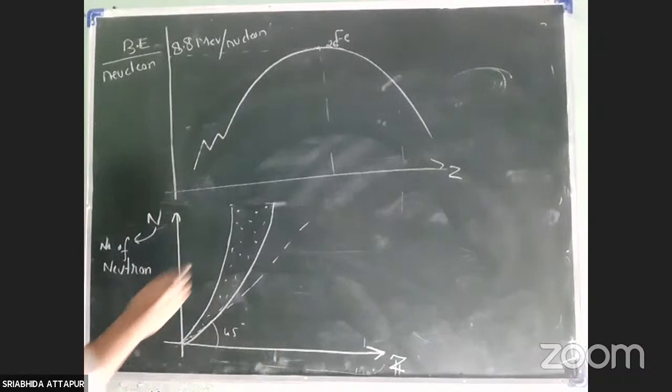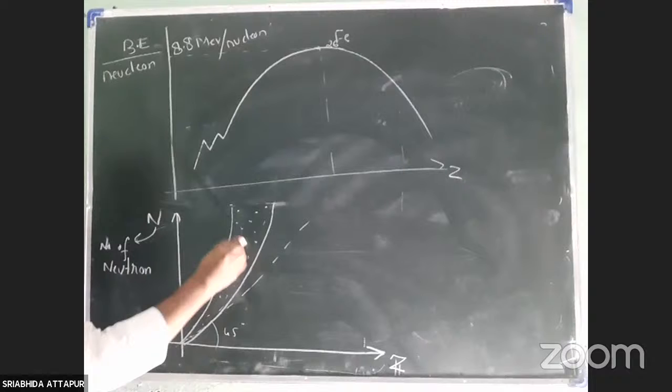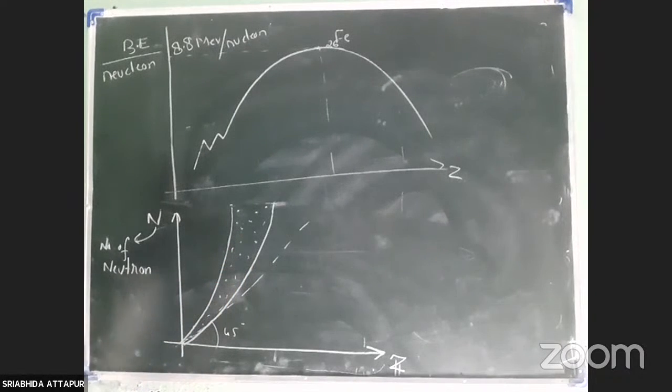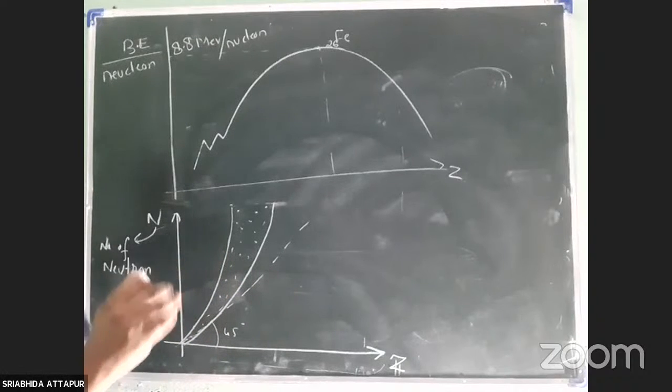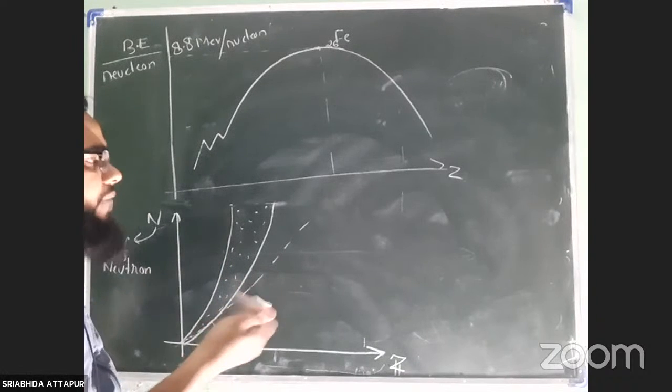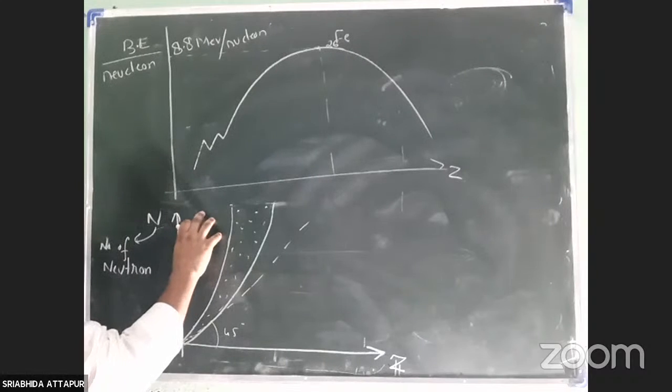In this region, whatever particles will lie, that will be highly stable. Those which lie below or above this one are less stable. Therefore, what will happen?